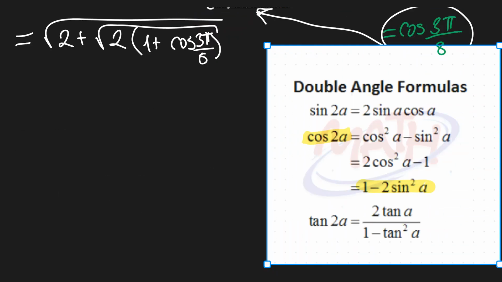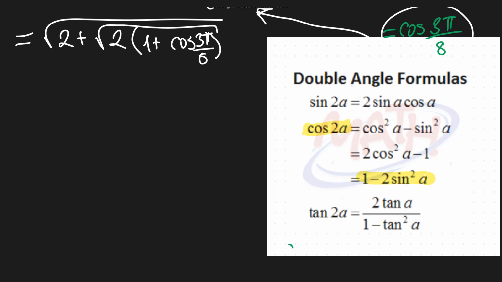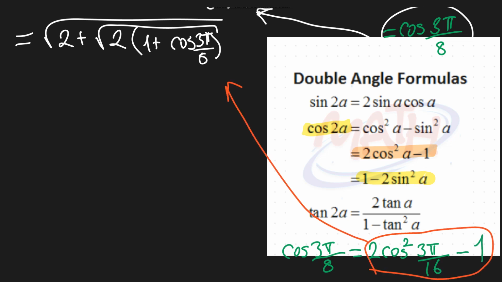Now we can apply double angle formulas again. Cosine 3 pi over 8 is equal to, this time I want to use the second formula to get rid of the 1. So it is equal to 2 times cosine square 3 pi over 16 minus 1. Let's substitute this one.